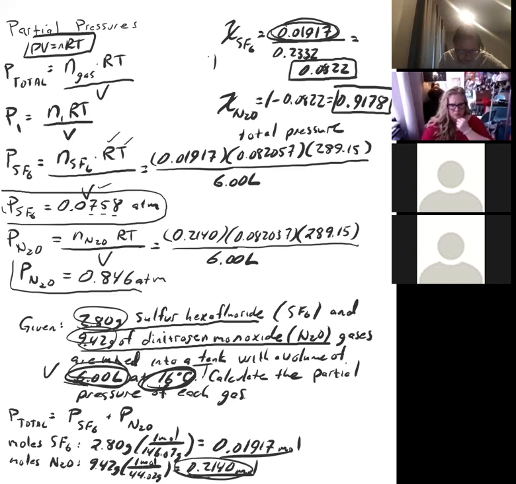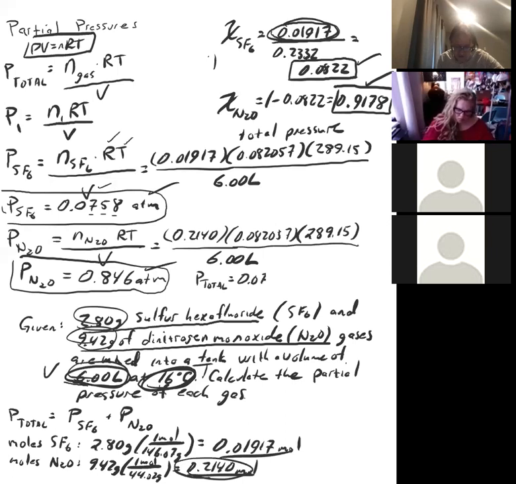Okay. So mole fraction, we have those values here, 0.0822, 0.9178. And now we have what are called the partial pressures, this one and this one. So the total pressure would just be the sum, 0.0758 atmospheres plus 0.846 atmospheres.